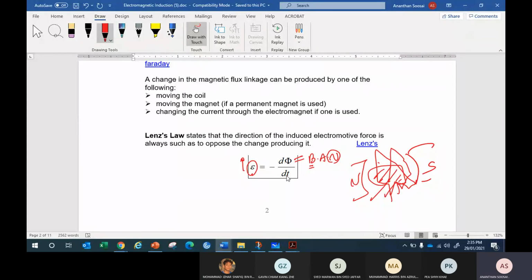And of course, the rate of change of flux: the time to change that flux must be very short. That means the water or the wind or the nuclear reactor, whose energy is used to push this turbine, must be huge, so that the rate of change of flux becomes greater and you get a big EMF.